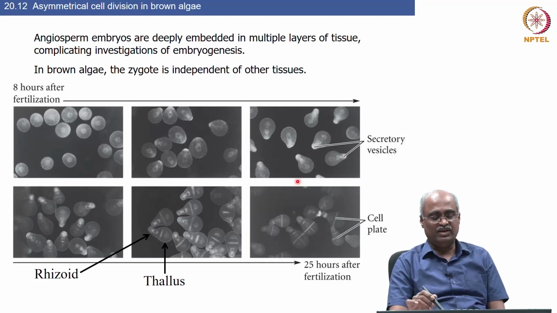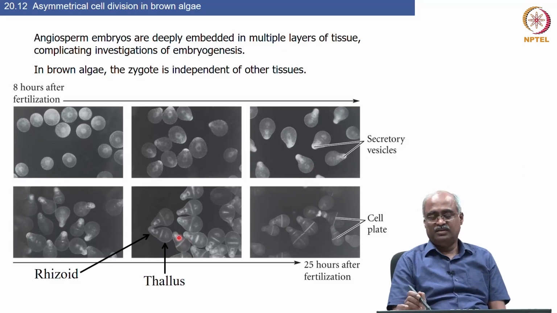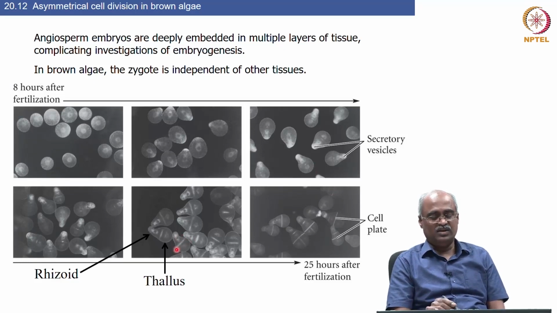And the first cleavage is perpendicular to this axis. You can see here the cell plate forming, and that is how the asymmetry is established.